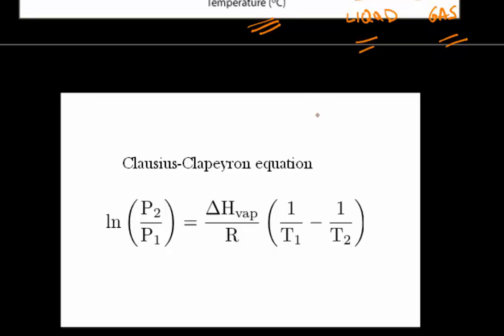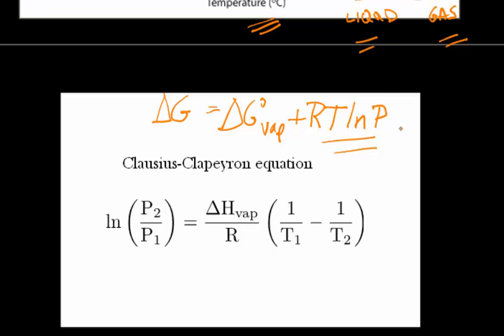We can do this because, as it turns out, the gas is obviously very dependent on the pressure. And so the change in the free energy between the liquid and the gas is equal to the standard change in free energy for the vaporization plus this term RT natural log of P. And so this is where we get our exponential dependence.